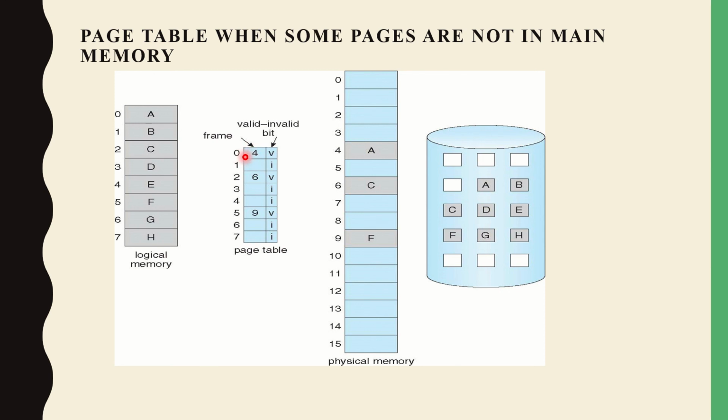So what is this? The 0th page is inside which frame of your main memory? The fourth frame.